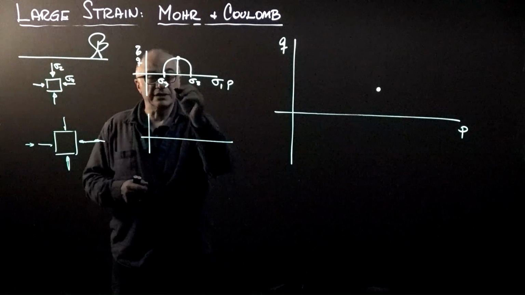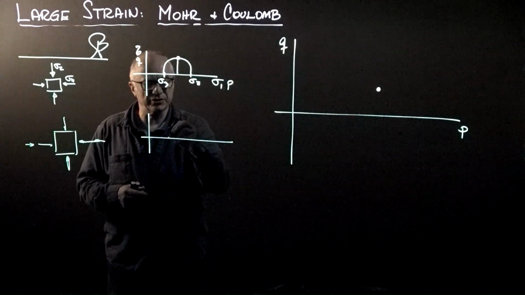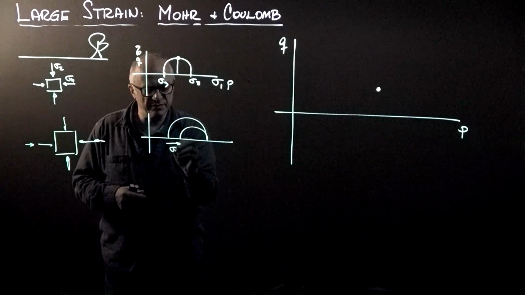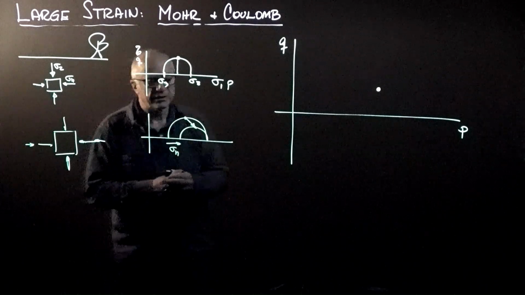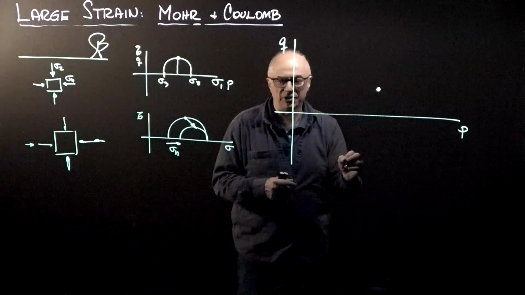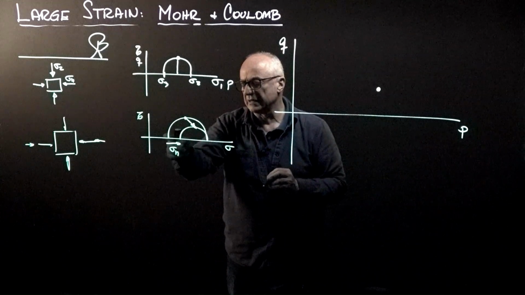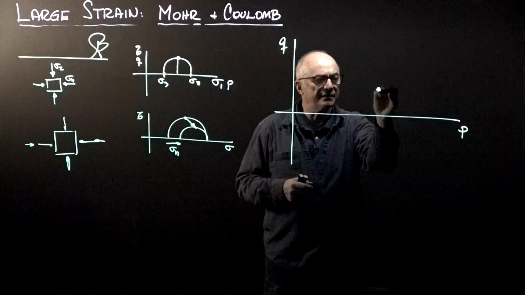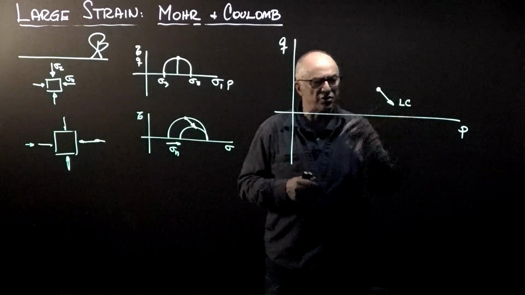The sigma horizontal, which was here, now begins to move in this direction, and as you can see, the apex goes down. This is, once again, in a tau-sigma space. Let's capture it in the Q space. Because we are following the apex, you can convince yourself that this is going at a 45-degree angle. So this is the path where we are subjecting the system to lateral compression.